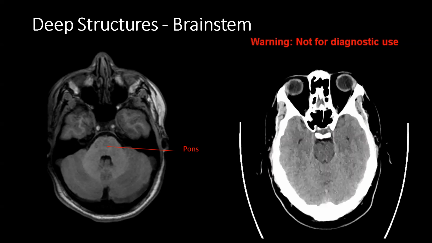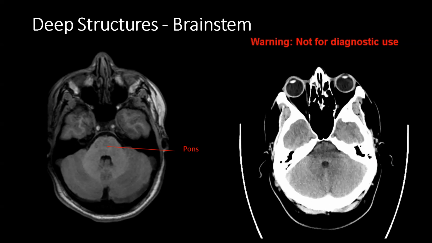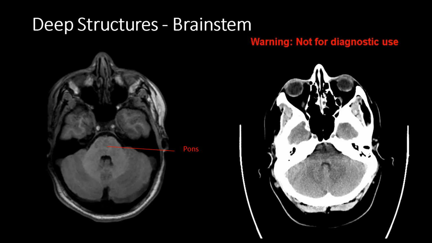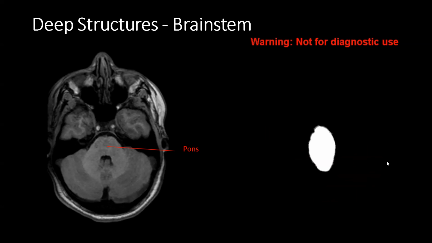And then the pons is an important brainstem structure which contains really all your motor fibers going from the brain to the rest of the body, as well as an important conduit for transmission of information from the rest of the brain to the cerebellum.